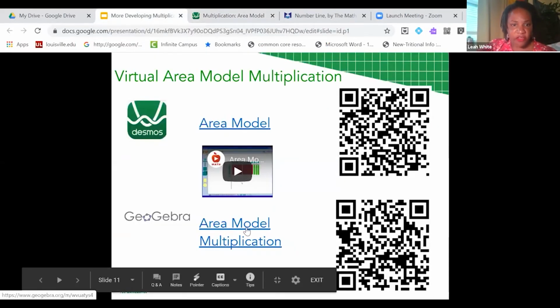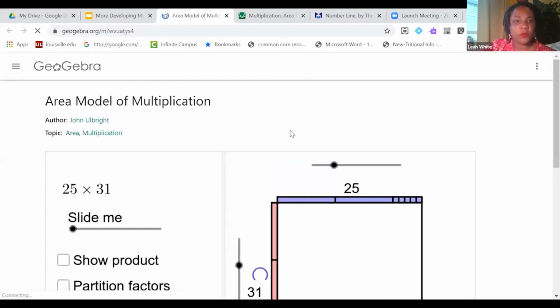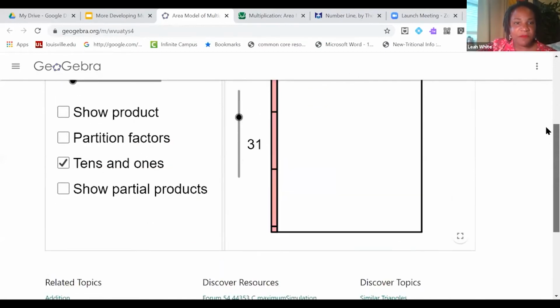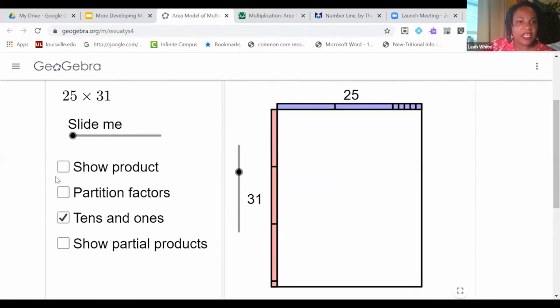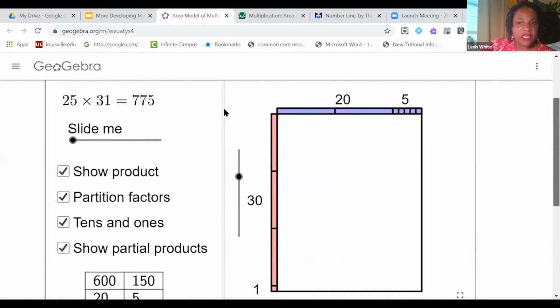And then another really great area model I wanted to share with you all was from GeoGebra. And of course, I always use this because I love this site for interaction. But what's neat about this particular one is that you can show the product, you can show the partitions, and then students can make inferences about what the answer is.